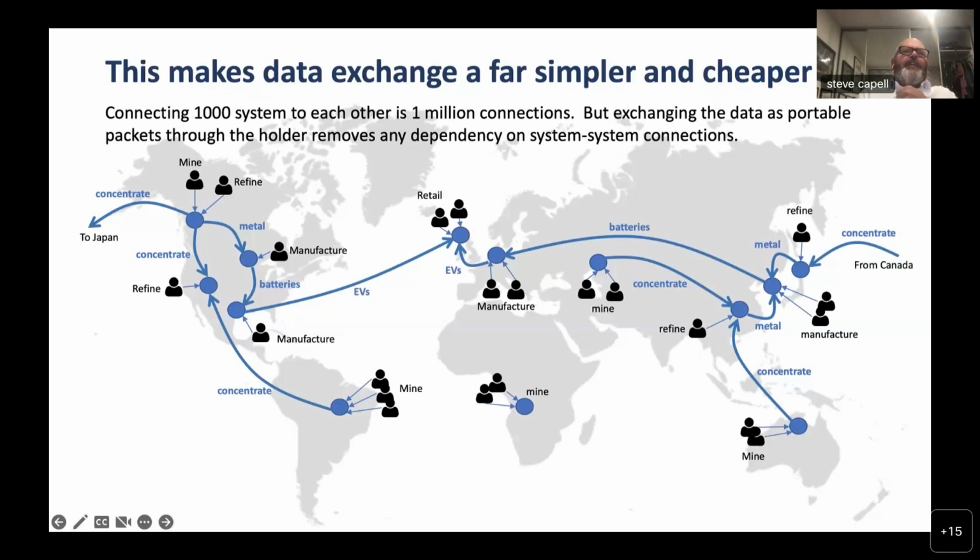Whereas instead, if each system just provides its data to the natural owner, who then passes it on in the supply chain and provides it to the next system, then you've really mimicked the natural flow of data in the supply chain and avoided any dependency on system-to-system integration. So this magic trick will break a barrier of scalability that should really see a very significant increase in digitization.